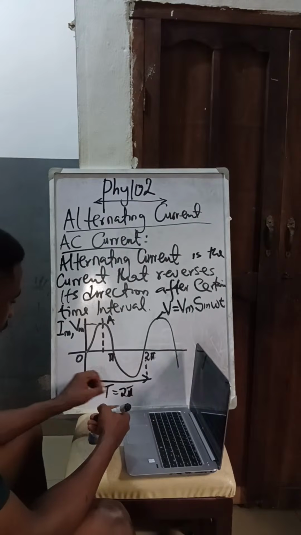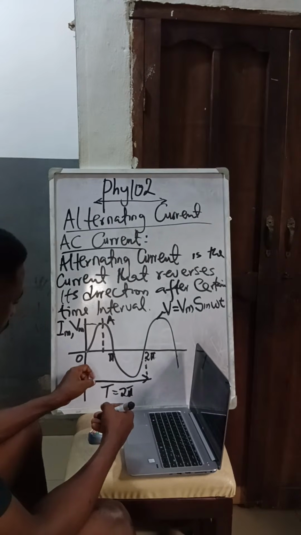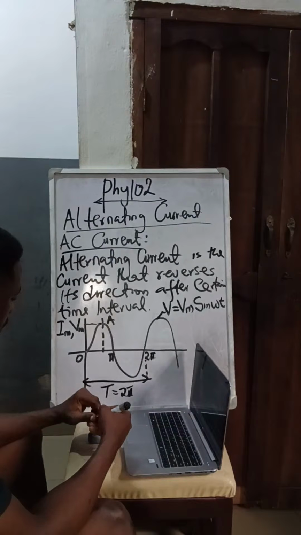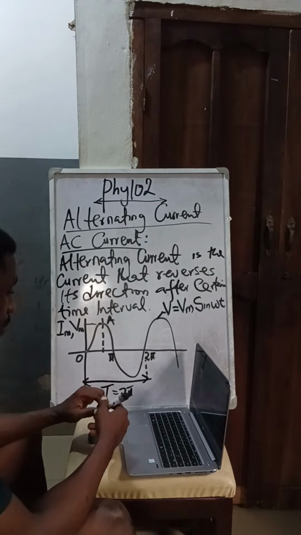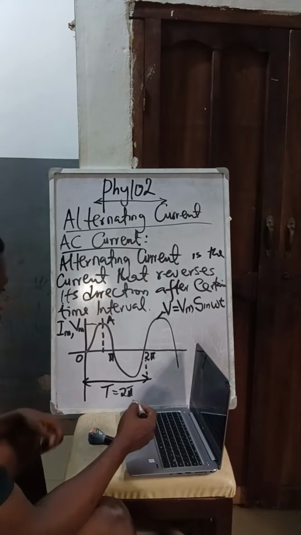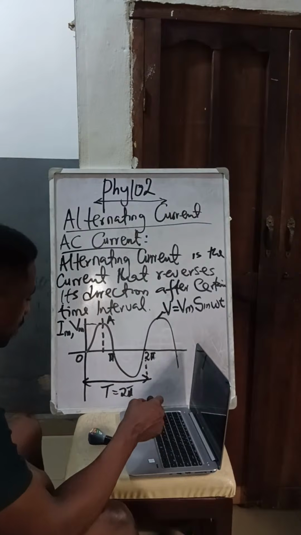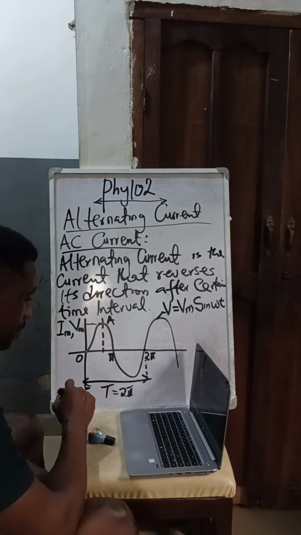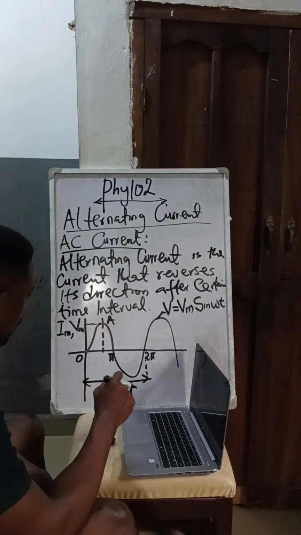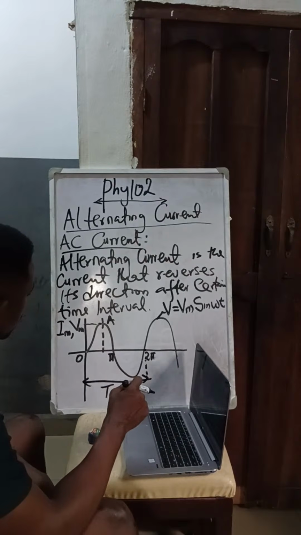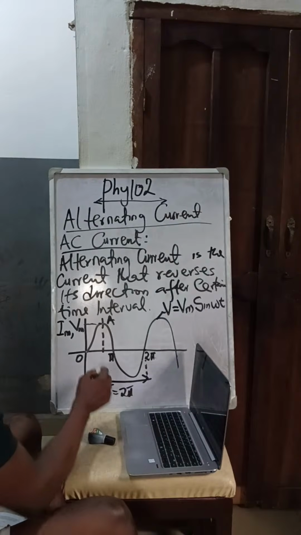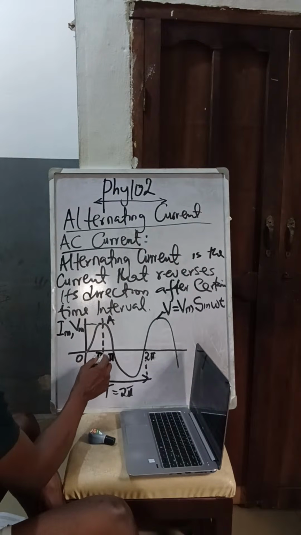That is the period of a wave of alternating current or sine wave. Okay. So because of that, it starts repeating itself again. You understand? This is called periodic function. Alternating current is a periodic change. It changes periodically. So half of this is pi over 2.